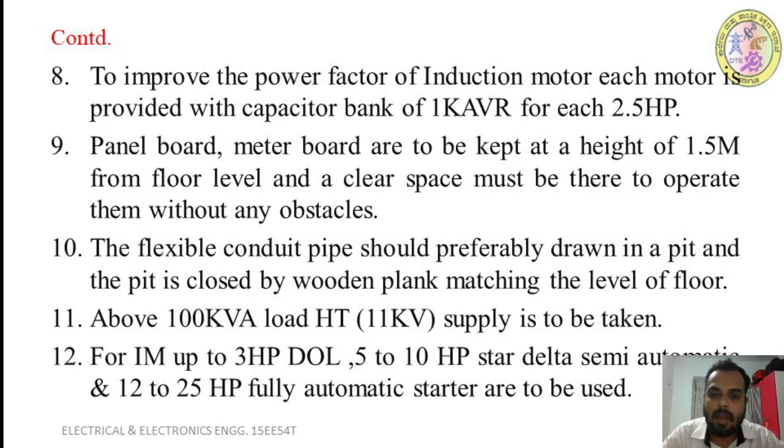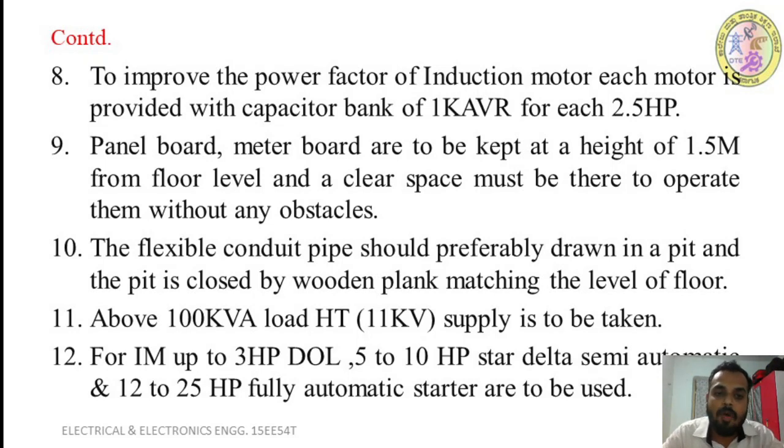While calculating the rating of the capacitor bank, for every 2.5 HP we are considering 1 kVAr capacitor bank. For example, if a 5 HP induction motor is there, then we have to provide 2 kVAr capacitor bank. Like that we have to calculate the capacitor rating. For every 2.5 HP, 1 kVAr capacitor bank is to be provided.